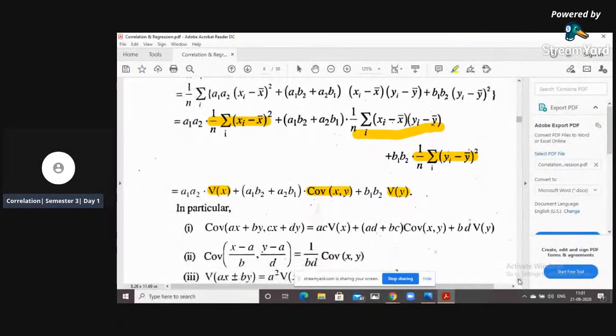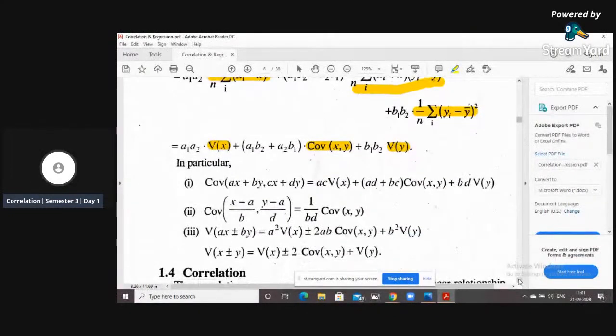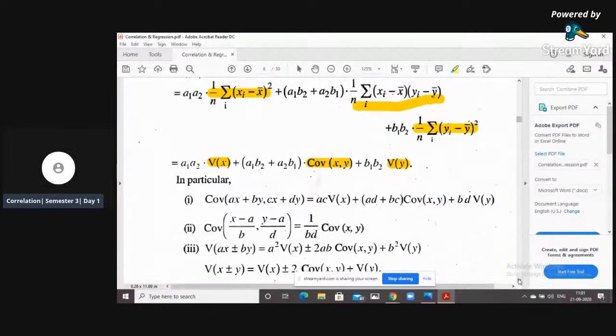So in particular, if you consider covariance of ax plus by and cx plus dy, similarly it gives you ac variance x, (ad plus bc) covariance xy, plus bd variance of y. Then number two, if you have a change of origin and a change of scale, which is denoted by this, you get 1 by bd covariance of xy.